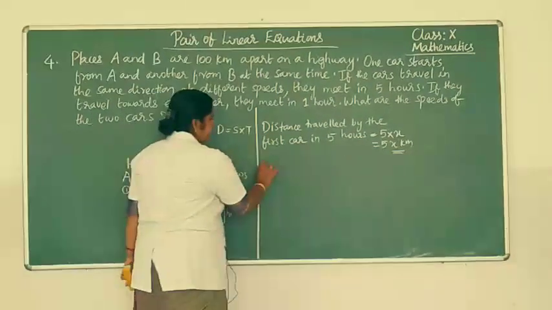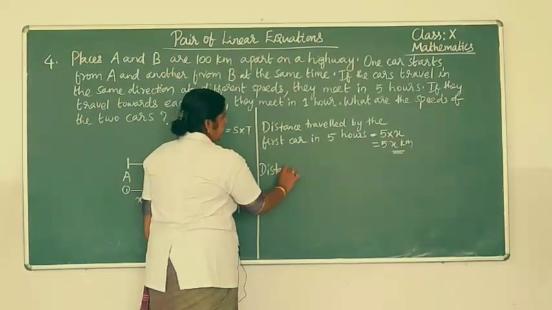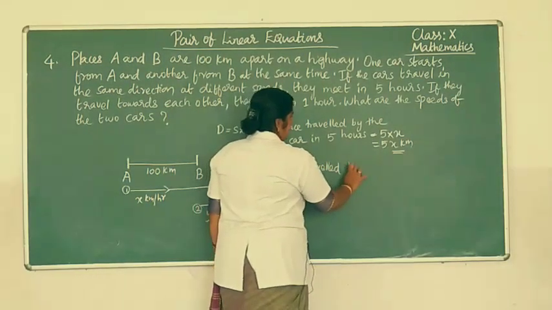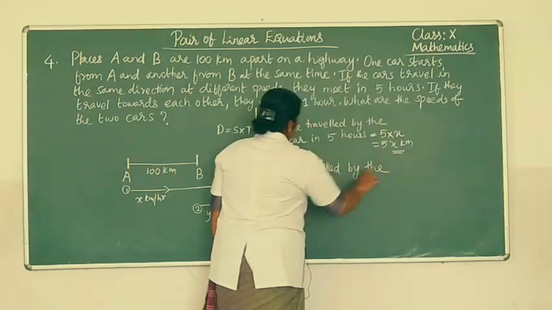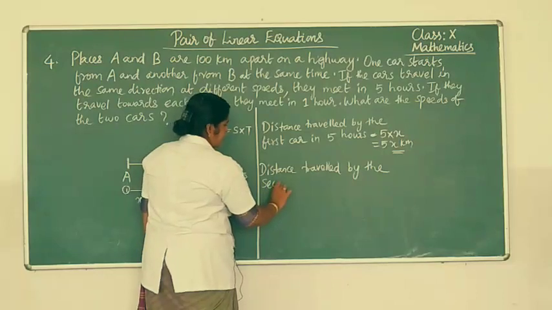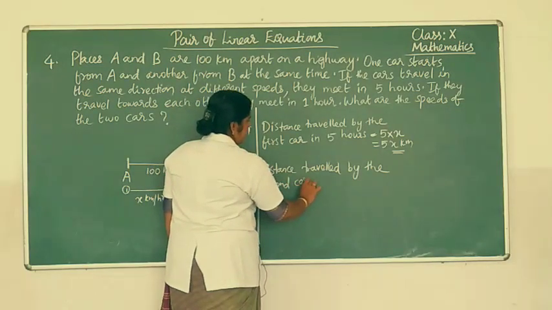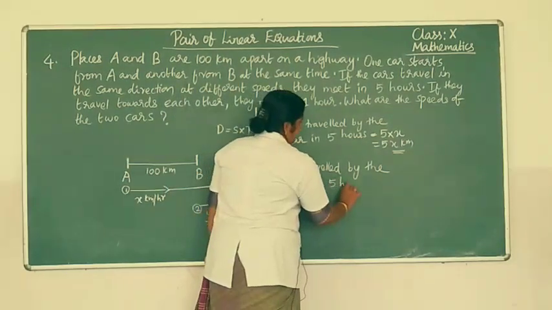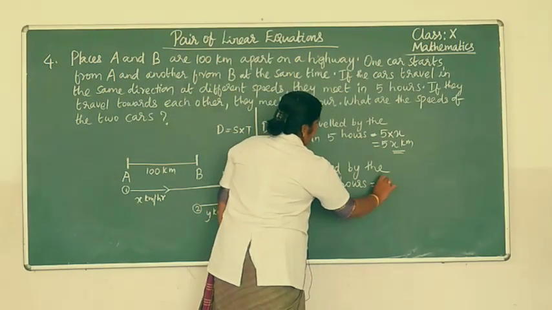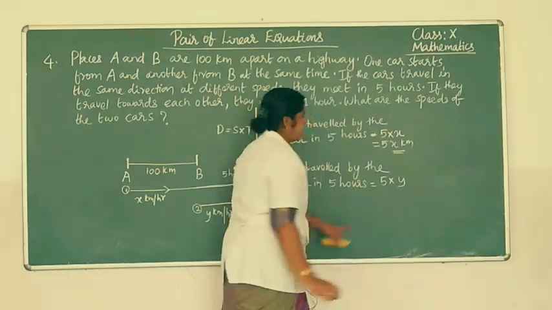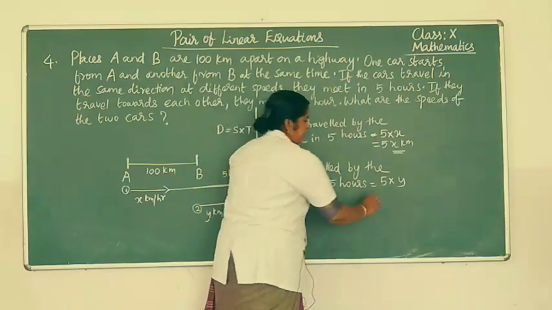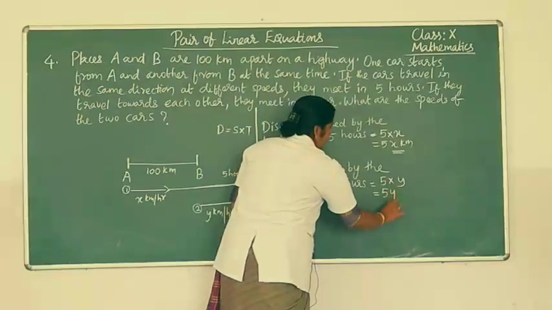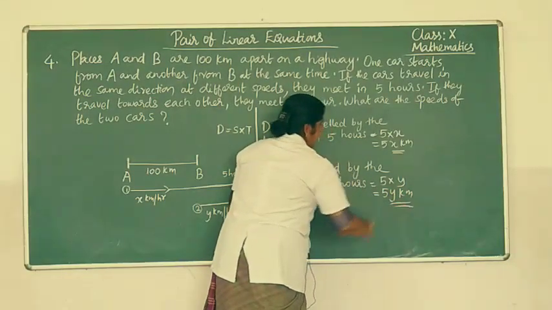So that is the second step: distance traveled by the second car in the same time, 5 hours, is equal to 5 into y, that is time into speed. The speed of the second car is y. So it will give you 5y kilometers.